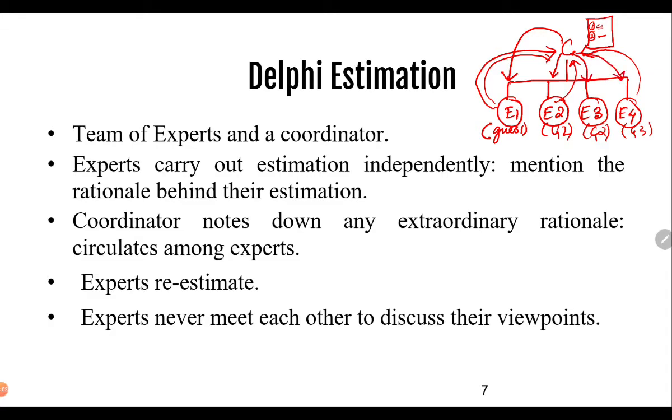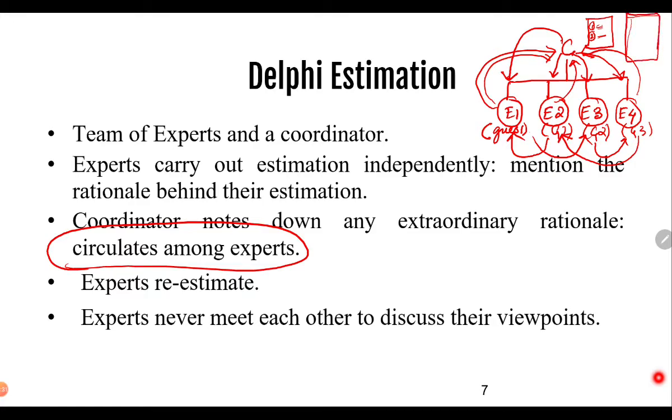When it is sending the reports to the experts, E2's report will be sent to E1, E1's report will be sent to E3, E3's report will be sent to E4, and E4's report will be sent to E2. So likewise it will be circulating among the experts until the note which comes back to the coordinator has all similar points noted down, and they are common from each of the experts' feedback. So it is a very practical approach of developing something.